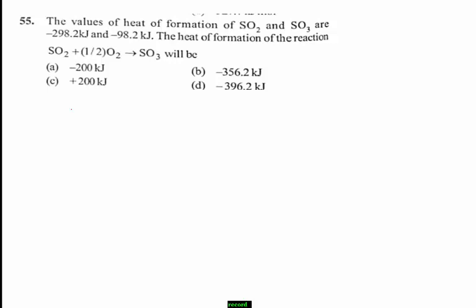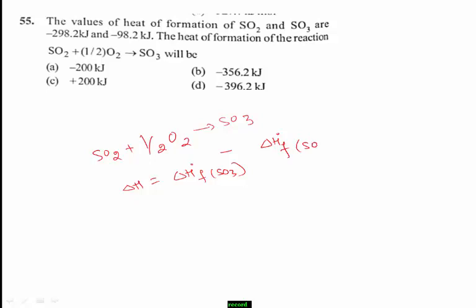Students, they gave the reaction, I write once again: SO2 plus half O2 gives the product SO3, sulfur trioxide. As you know, delta H equals the standard enthalpy of formation of SO3 minus delta H naught f of SO2.